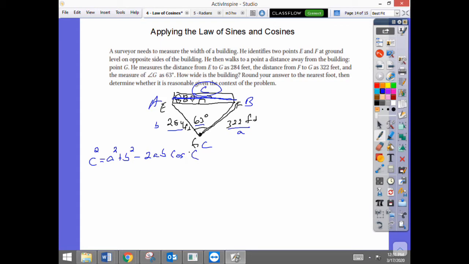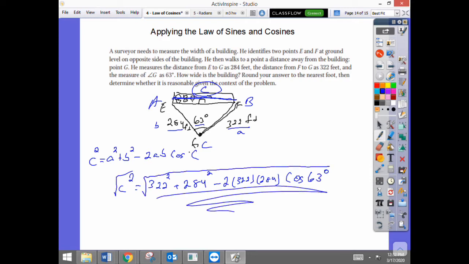Plugging that into the formula, c squared is equal to a squared, which is 322 feet squared, plus b squared, which is 284 squared, minus 2 times 322 times 284 times the cosine of 63 degrees. And again, to solve for c, we just want to take the square root.